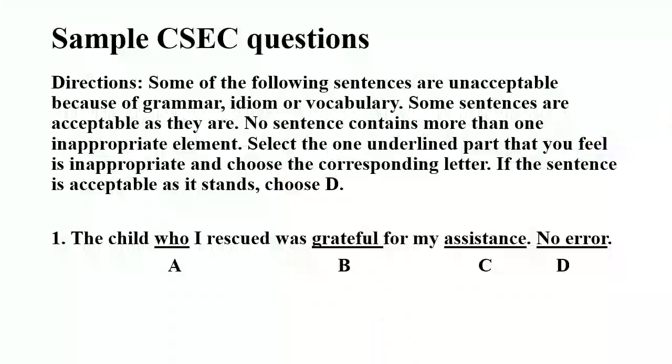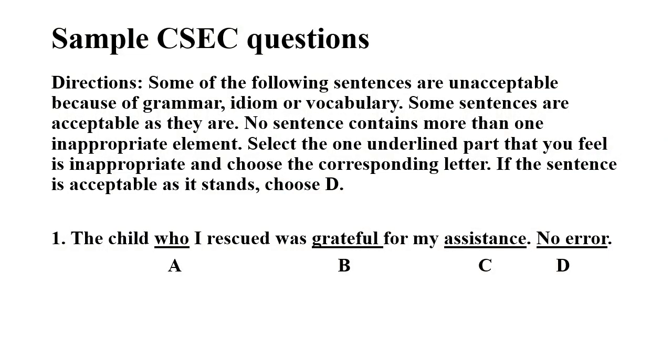Okay, now here's how it's going to come on your CSEC paper. They love this kind of thing. And now that you're getting a whole multiple choice paper only for your final exam, they're going to go to town with these words because they know that they're troublesome for a lot of people. So, this is how the sentence is worded. Well, the directions.